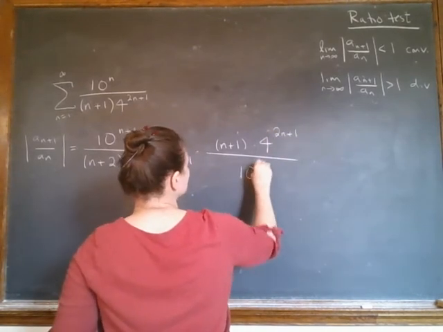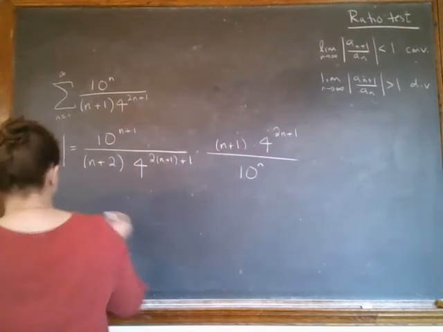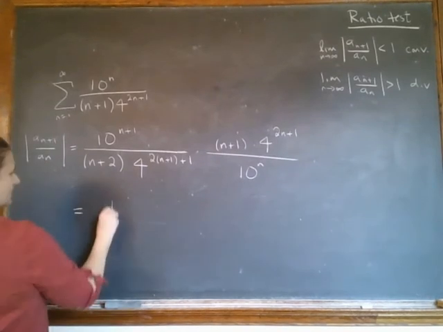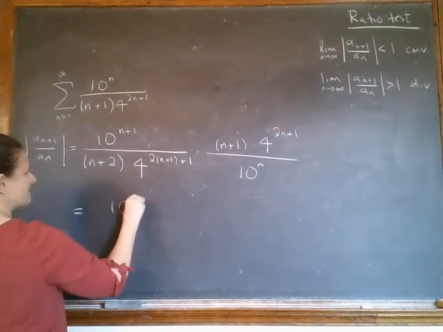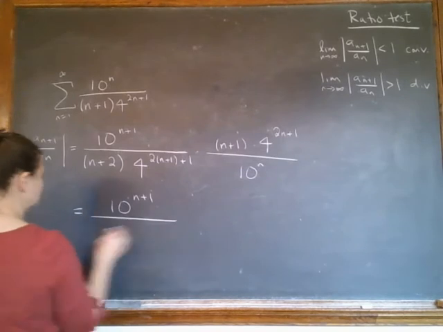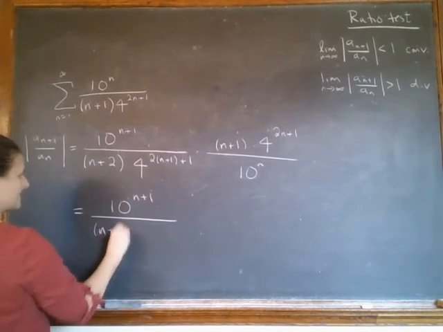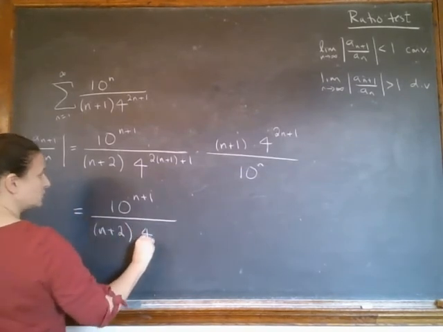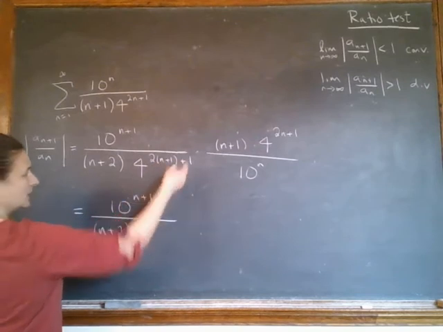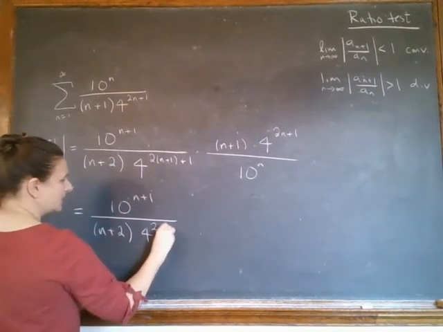So anyway, here's this. I'm going to clean it up a second, with that mess there, before I start canceling stuff out. So this is 2n plus 2 plus 1, so this should be 2n plus 3.